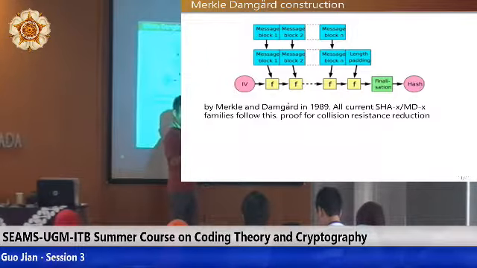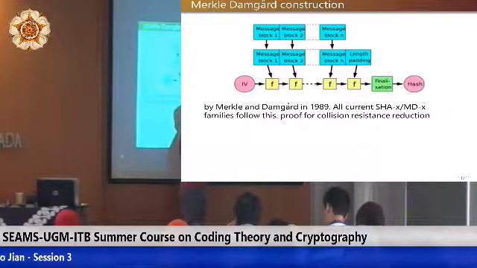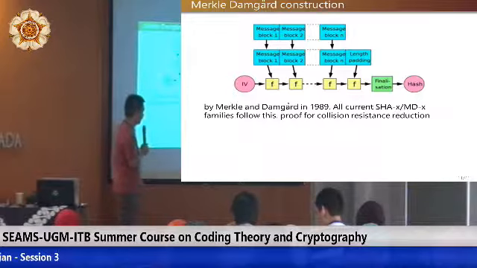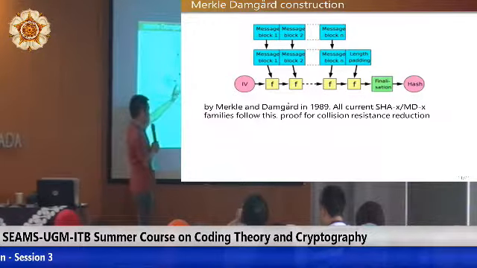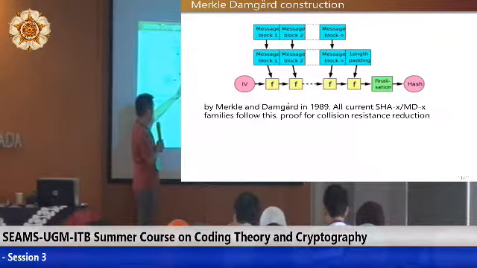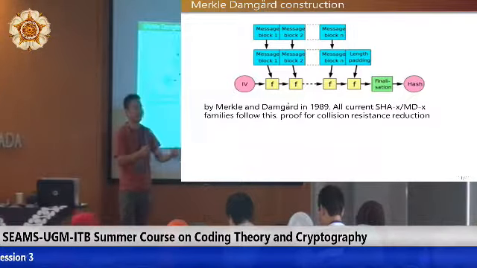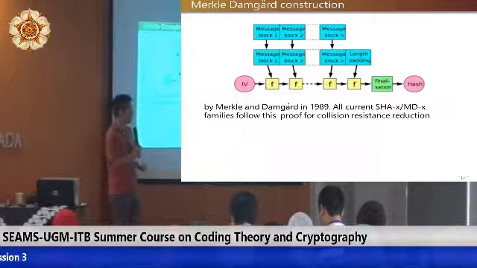So we add several more message bits so that the last block becomes a complete block. After that, we come up with a compression function f that accepts fixed length inputs and produces fixed length outputs.